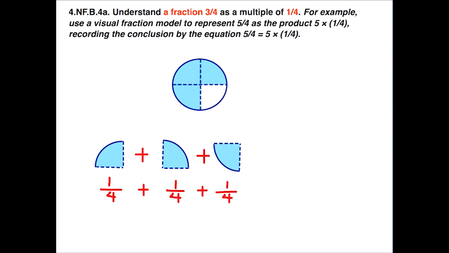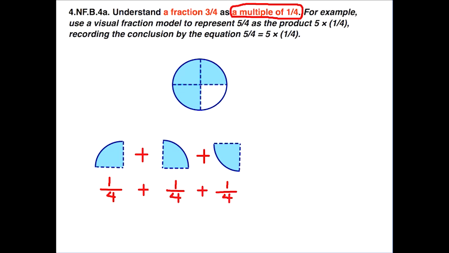Now let's write it out symbolically. It's a good idea to do this. That way the students can make the connection between the concrete and the abstract. It makes this a lot clearer for students. Now we look at this idea of 3/4 being a multiple of 1/4.